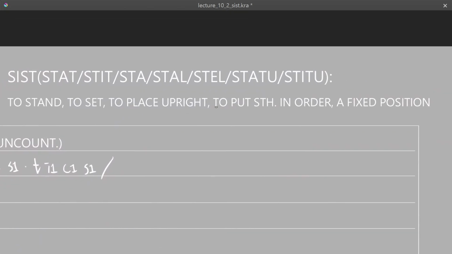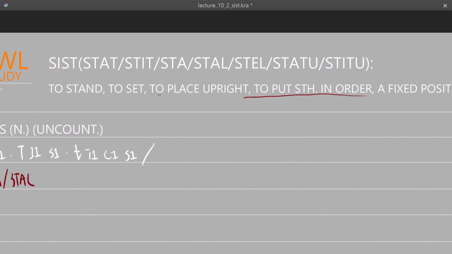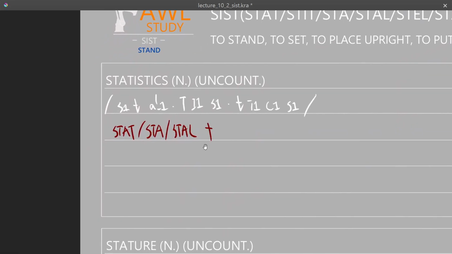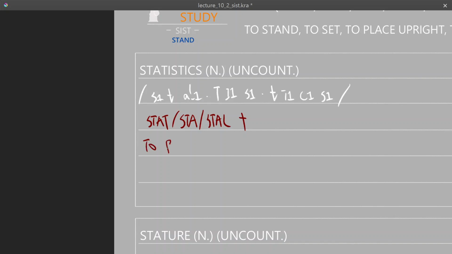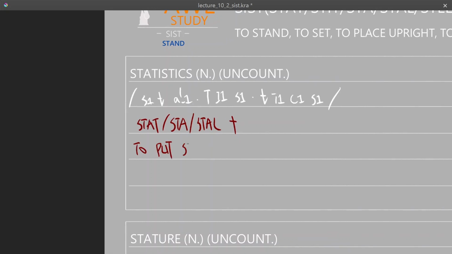In this case, it means to put something in order.